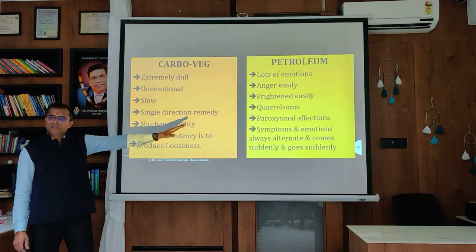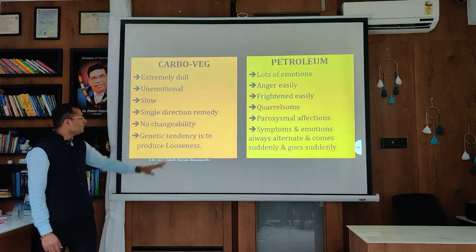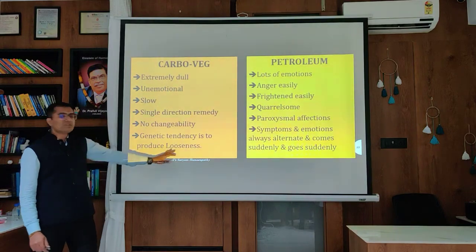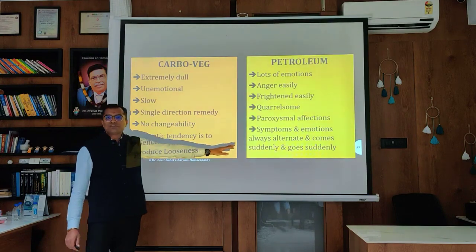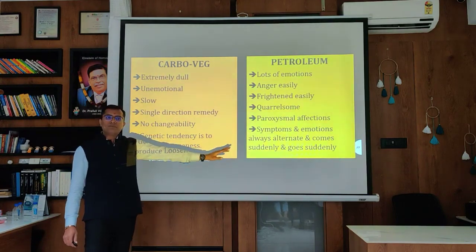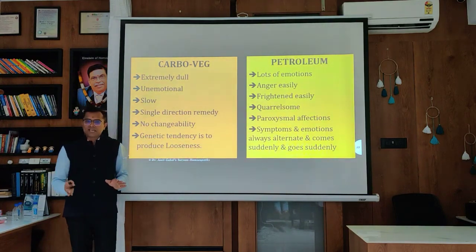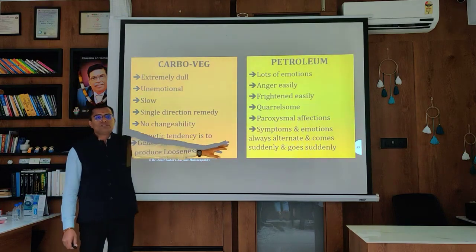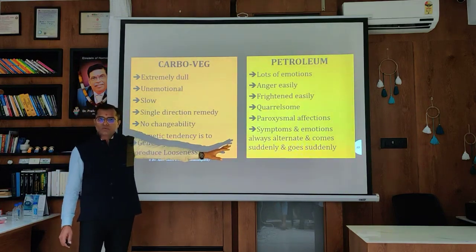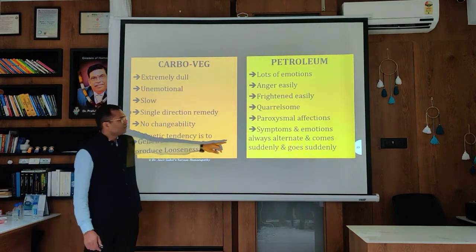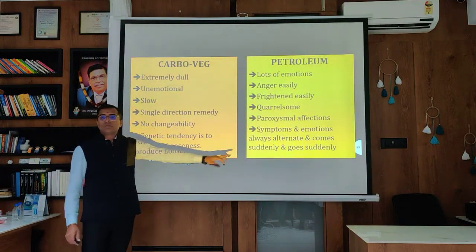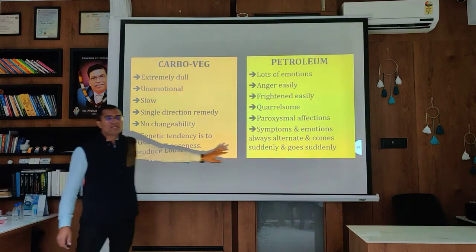Alternating state, changeability is there, hysterical kind of, genetic tendency to produce looseness, okay, whereas there is a genetic tendency to produce destruction at the level of skin in the form of thickening, hardness, and cracks, and at the level of mind it produces destruction of the intellect. So mostly the perception has changed, and the symptoms and emotions always alternate and come suddenly and go suddenly. It is a slow remedy, it is a fast remedy.